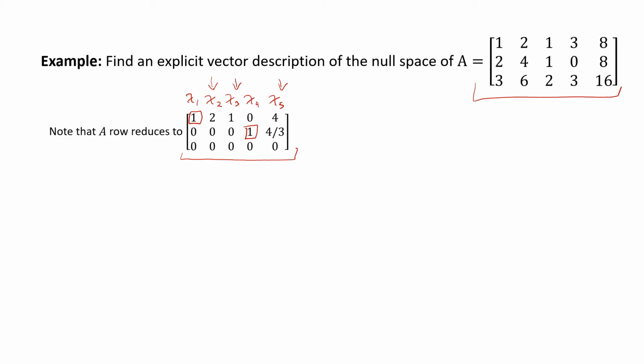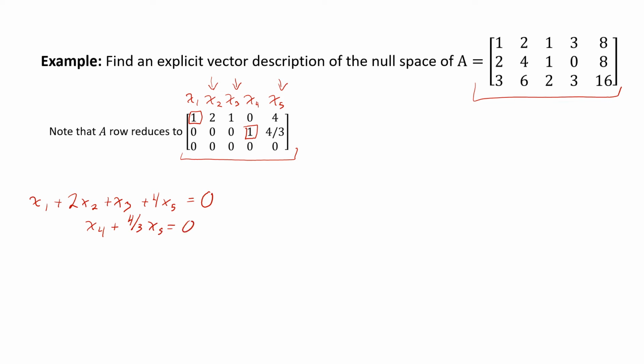If you remember how this works, we can turn these equations into a parametric form of the solution. So let's write it out as equations. The first row gives us x1 plus 2x2 plus x3 plus 4x5 equals 0. The second row gives us x4 plus 4 over 3 x5 equals 0.